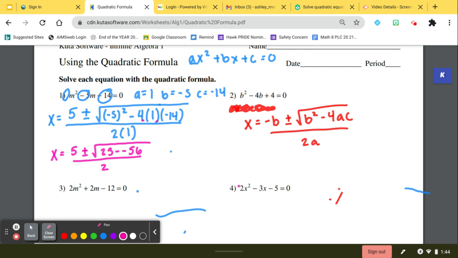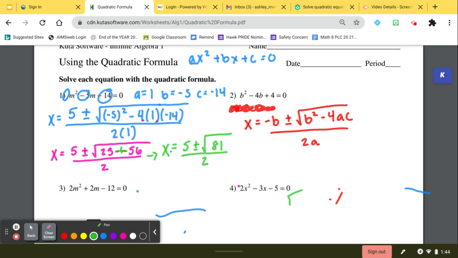Again, simplifying that a little bit further, and I'll use a different pen, x is equal to 5 plus or minus the square root of 25. This becomes plus 56, so 25 plus 56, 81, all over 2a, which 2 times 1 is 2.